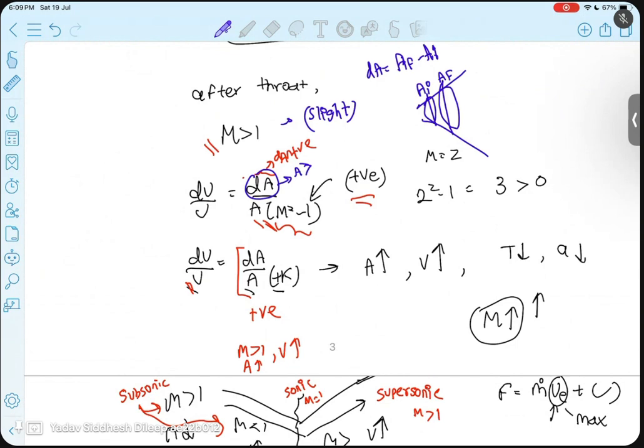That is why dA is positive, and that is why M square minus 1 is also positive here. dA is positive, u and a are positive, so du, that is the change in velocity, is also positive. This is the reason why after the throat your area increases and does not decrease. Everything on area velocity relation, homework is to do there.